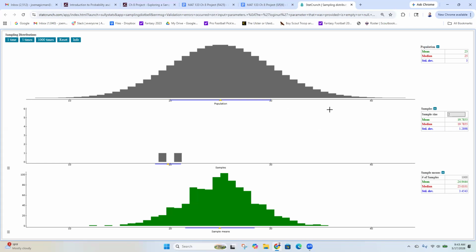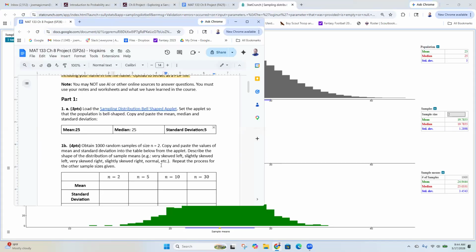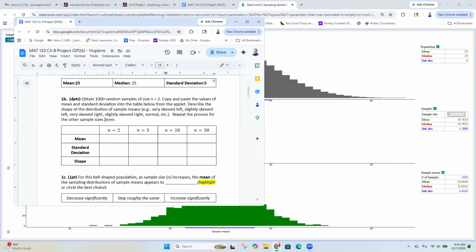Let me see if I can make my project a little smaller. There we go. So for part 1B, my sample size n is 2, and the mean that I got was this number right here, 24.94.